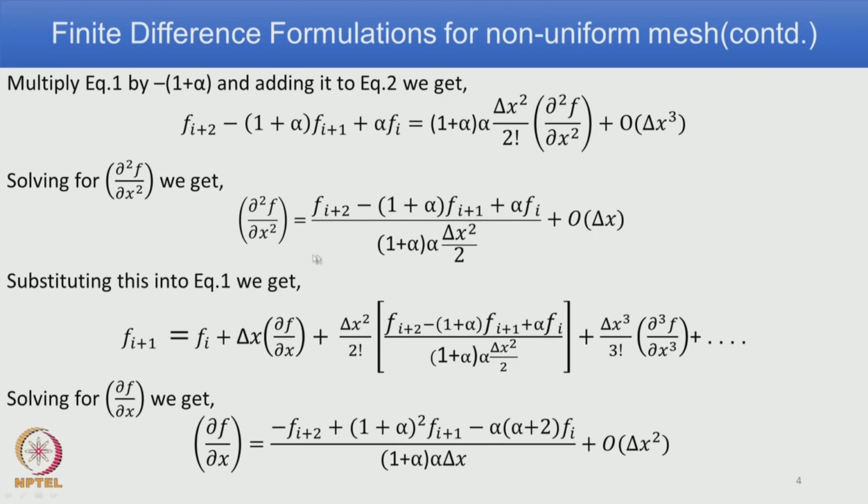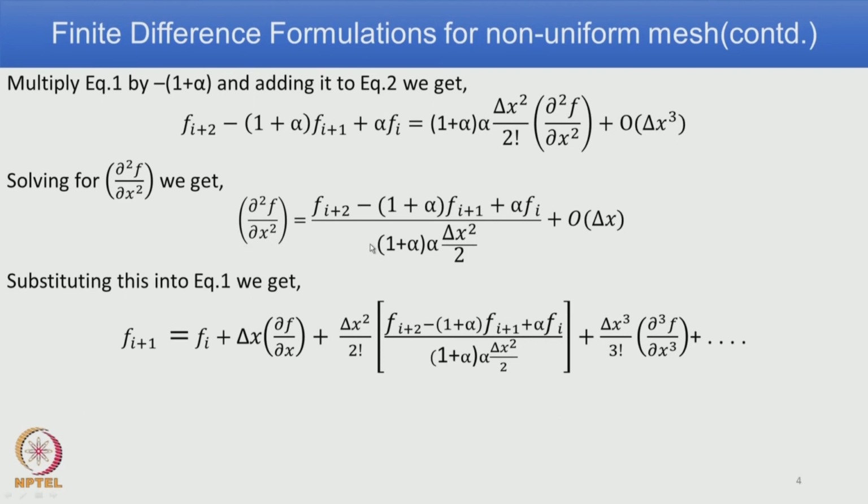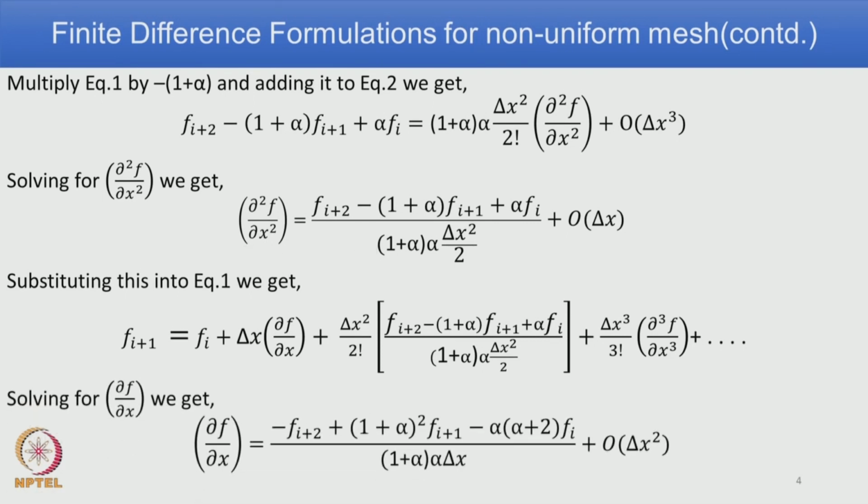Now, if you substitute this expression into equation 1, which is basically the equation for forward difference, after simplification we get the first derivative forward difference formula with non-uniform spacing, with alpha in it. So, this is of order delta x squared.